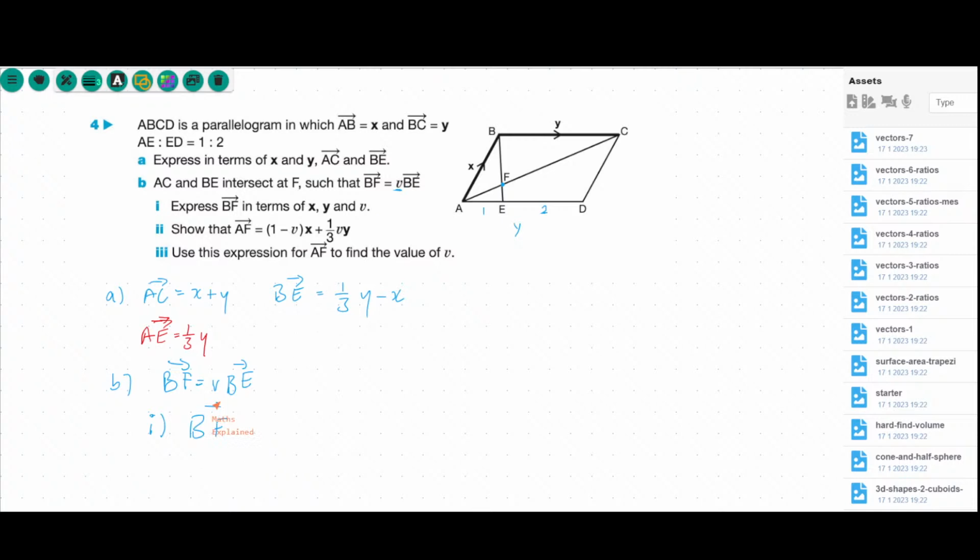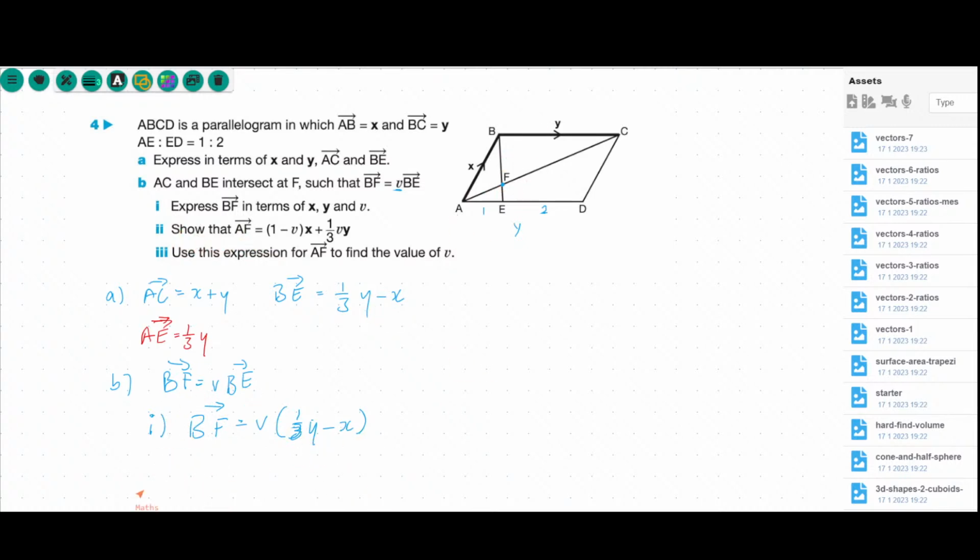So BF, we can say, is v times a third y take x. Okay, so we've taken this statement and written BE in terms of y and x.